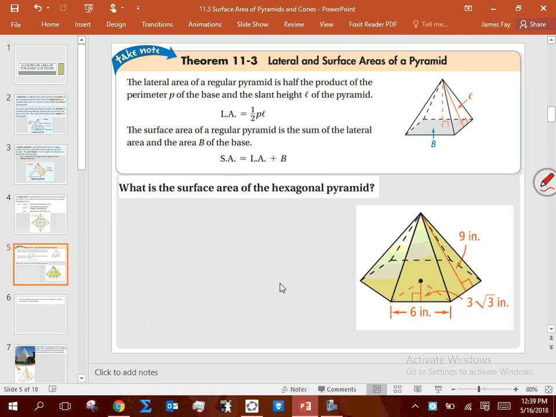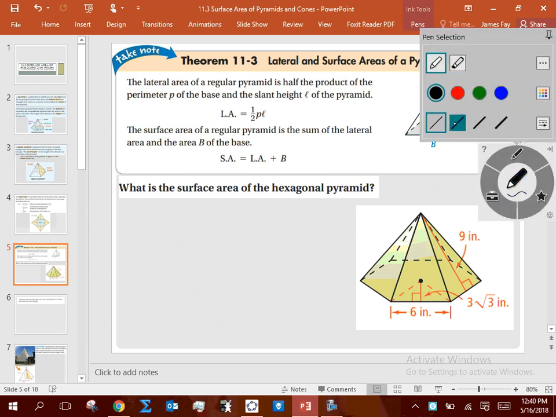If we want to find the lateral area here and then the surface area, it's probably a good idea to write your formulas down. So I'm going to say surface area is LA plus 1B. Okay, LA in this case, because it's a pyramid, it's going to be 1/2 PL.